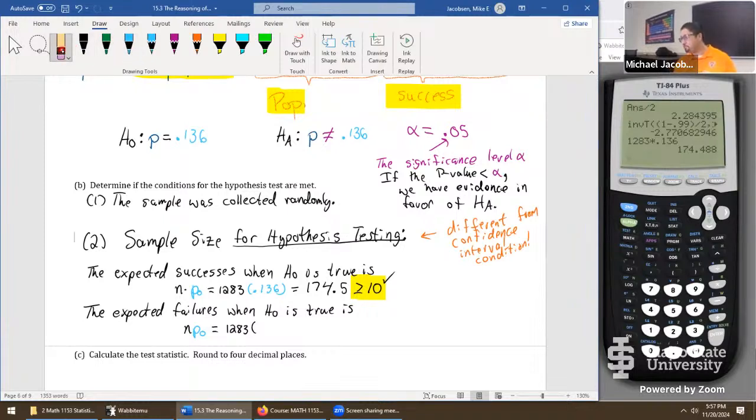And oh dear, sorry, I'm making a mistake on that one. It's n times 1 minus P naught. Big apologies to anyone using pen today. Sorry for the eraser issues.